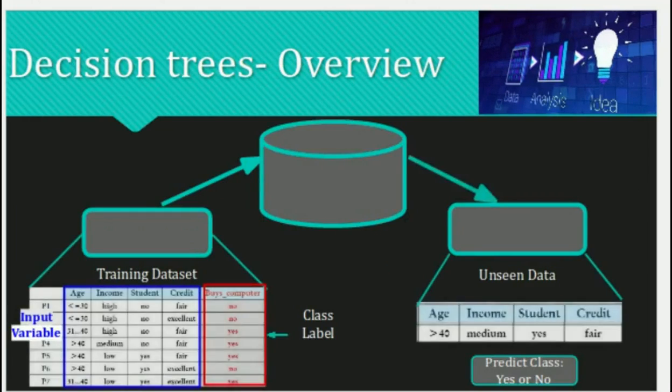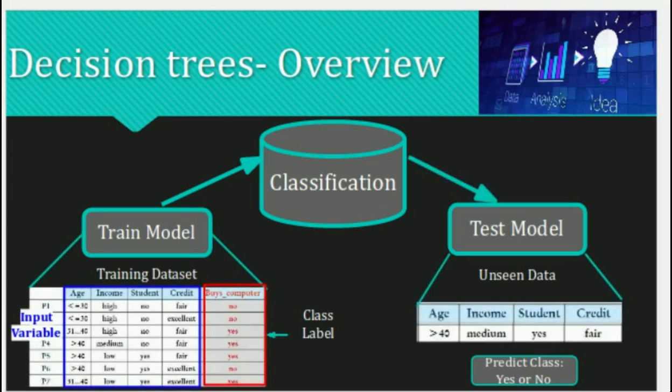To build a classification model, there is a need for a collection of records. Each record contains a set of attributes, for example, age, income, and one of the attributes is the class label, which here in this case is buys computer. A training set is one kind of data set.